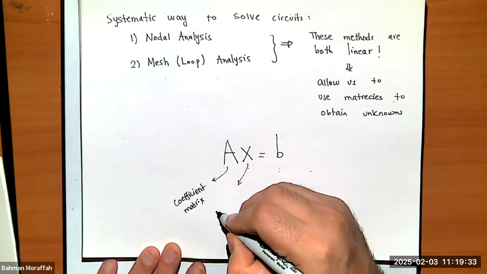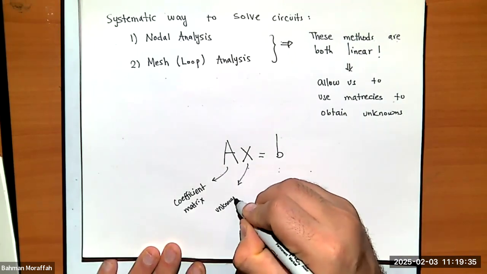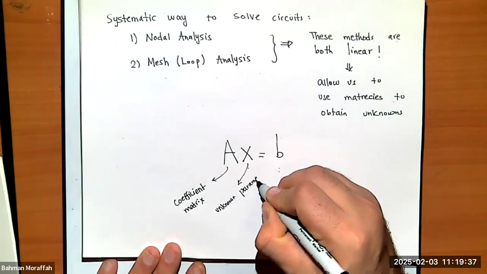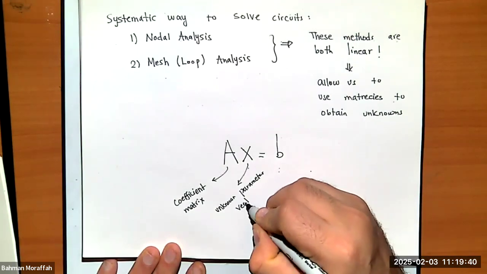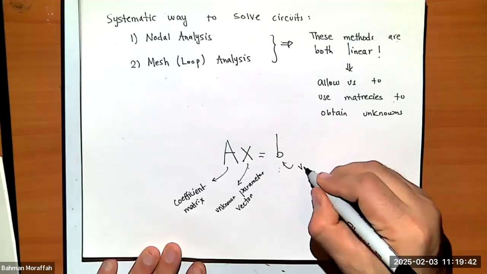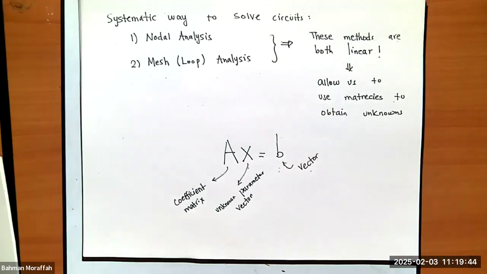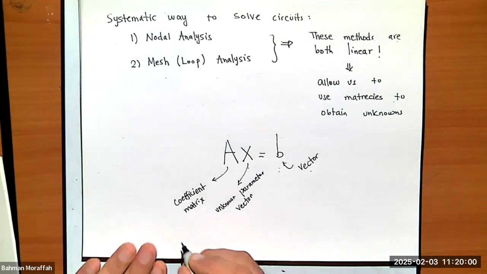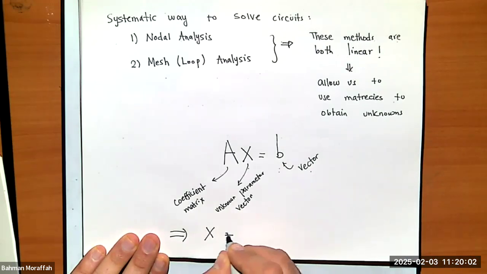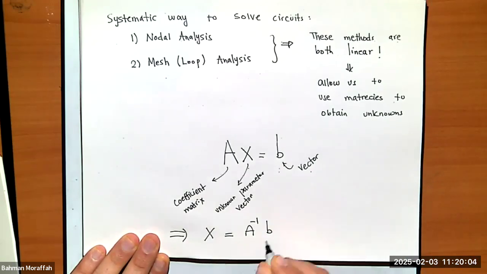This is an unknown parameter vector. And this is another vector, right? And if the number of unknowns is the same as the number of equations that we have, this A would be invertible. And if it's invertible, I can find X simply, right? So I can find X to be A inverse times B.